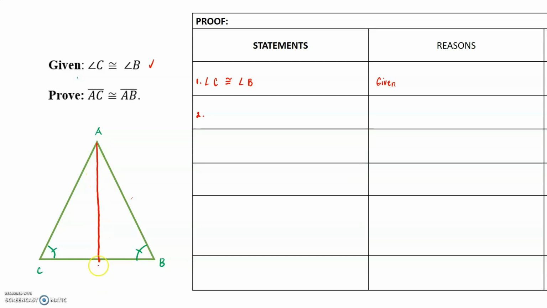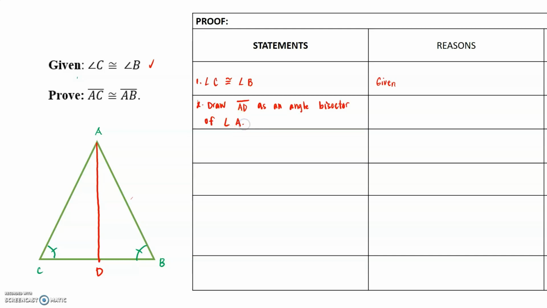So this is segment AD, and that is an angle bisector of angle A. So let's write in our statement, what did we do? We draw segment AD as an angle bisector of angle A.